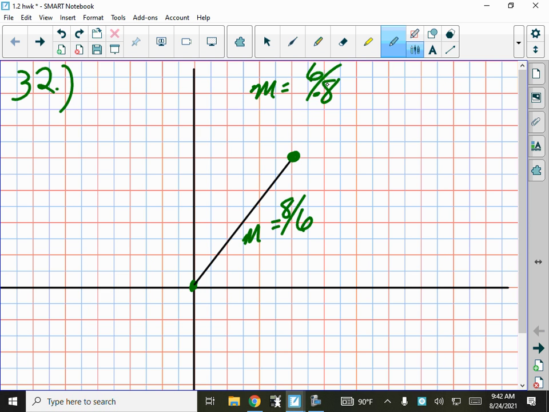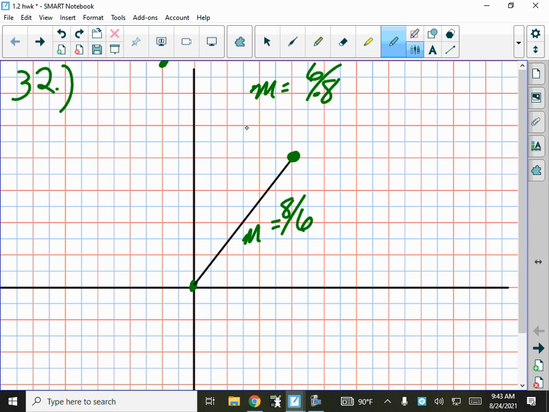Yeah, okay. So now I'm going to go rise over run, but it says for me to go up 6, 2, 4, 6, and now I have to go to the left 8, 2, 4, 6, 8. And that is my third point.